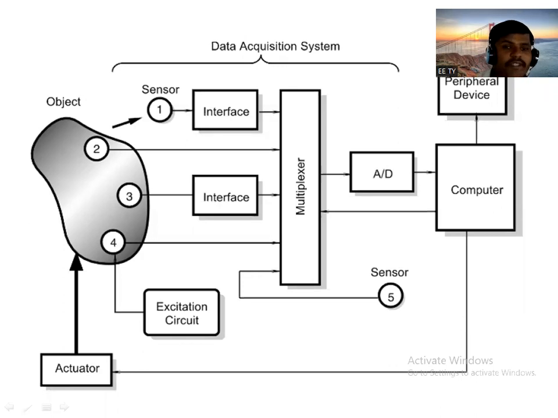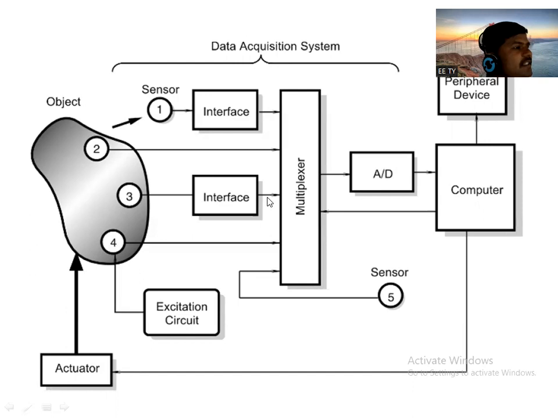Intrinsic location means where it can be connected. Extrinsic location. The location of the sensor is again of two types, extrinsic and intrinsic.